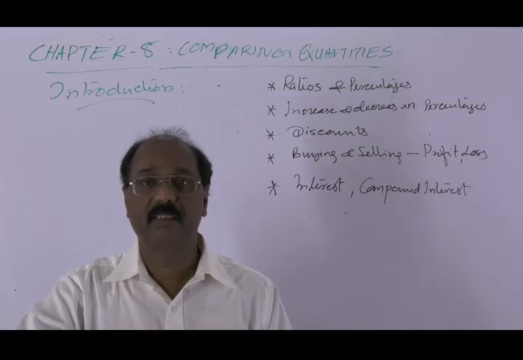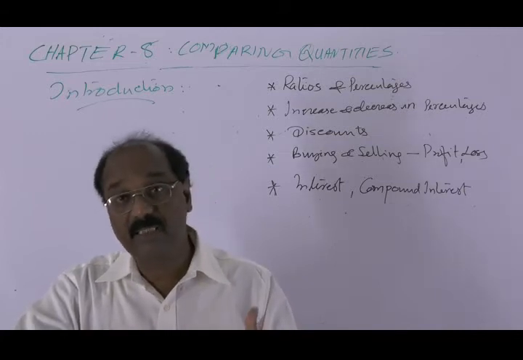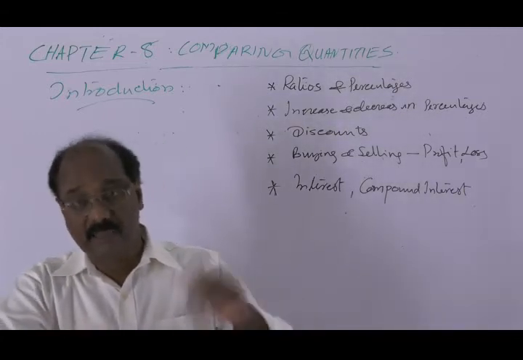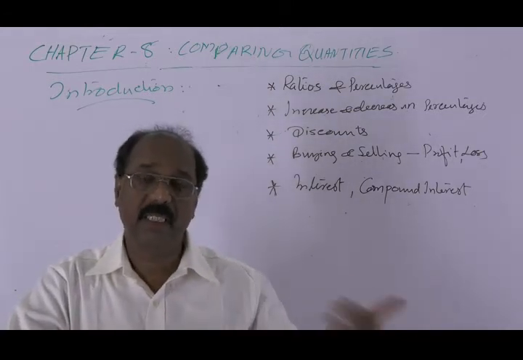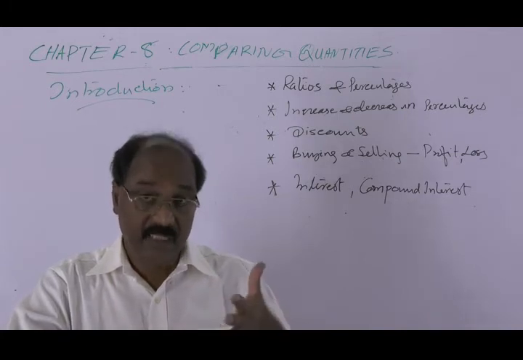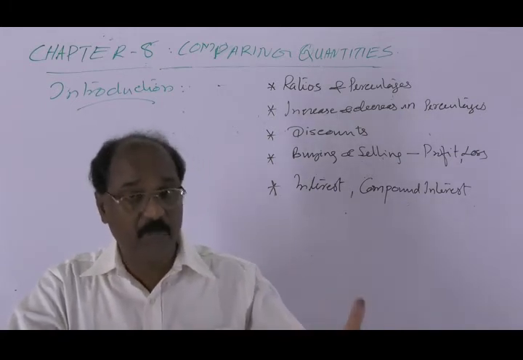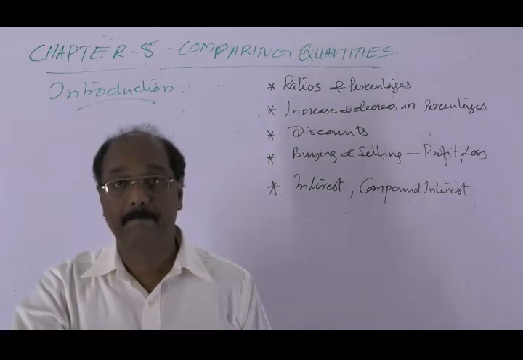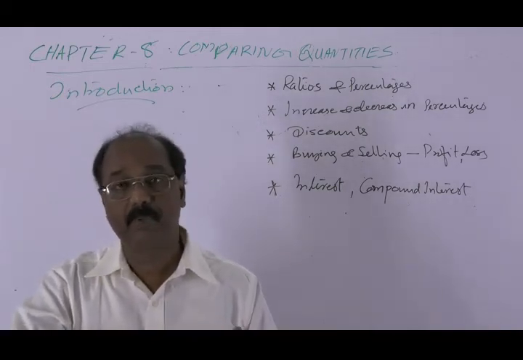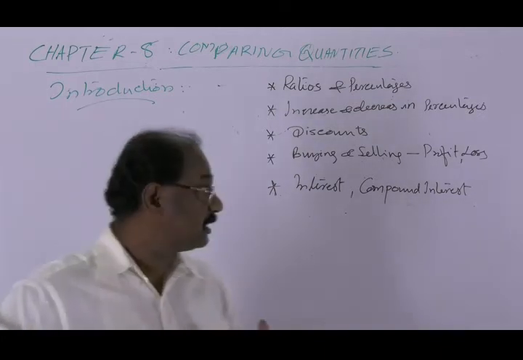We can calculate. We can compare this discount obtained with that obtained from some other shop, some other dealer. We can have an idea of the discount obtained for one commodity in connection with the other commodity. So those all will be discussed there.